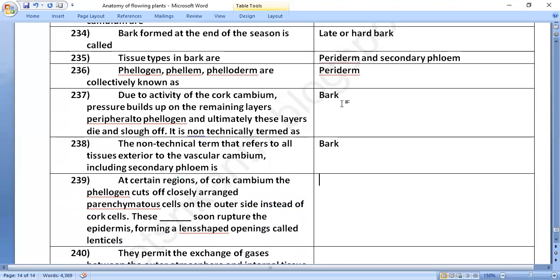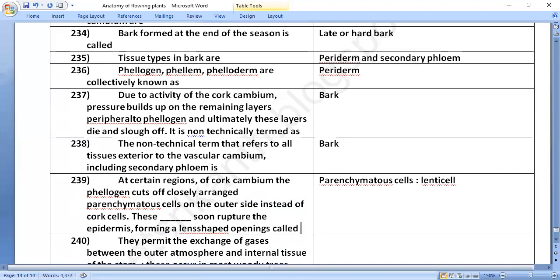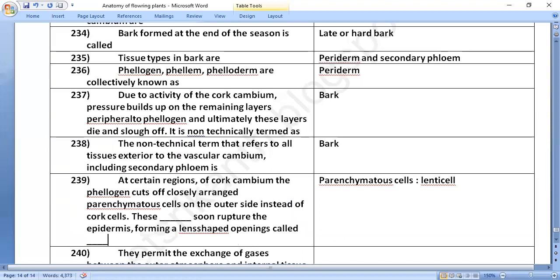These parenchymatous cells soon rupture the epidermis, forming lens-shaped openings called lenticels.